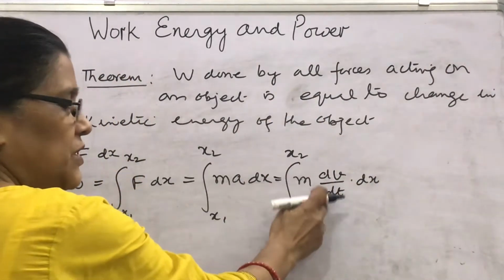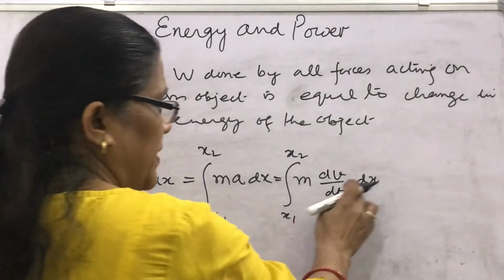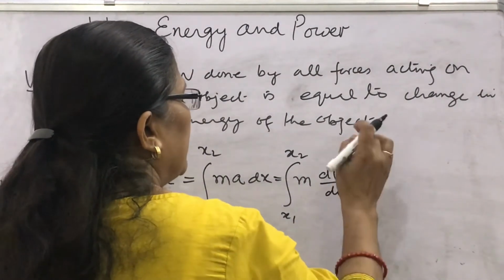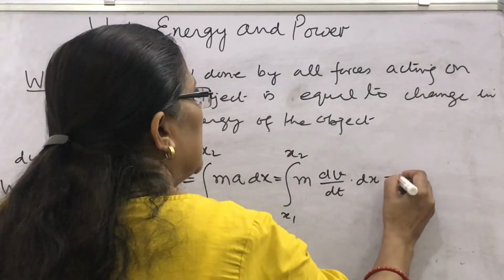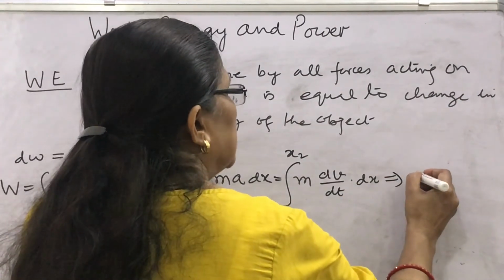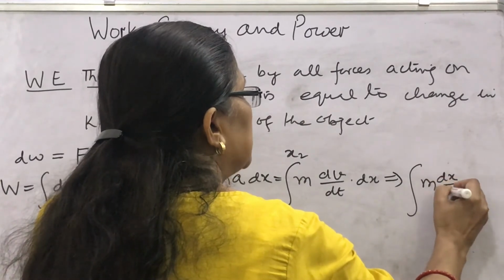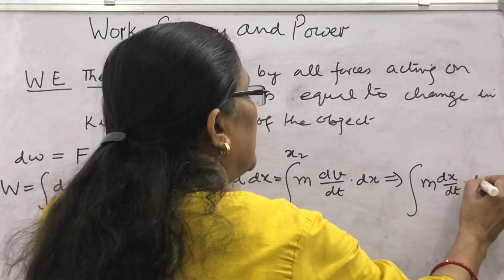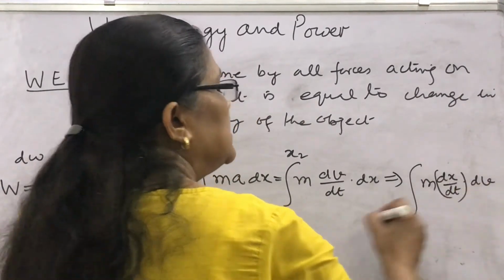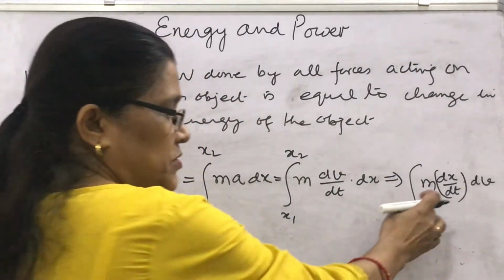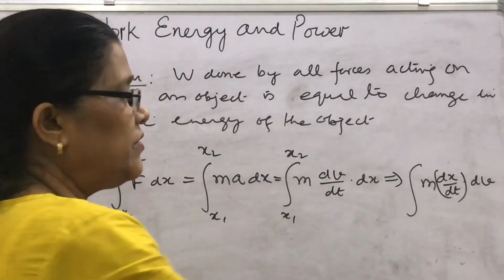A is the rate of change of velocity. We can write this expression as integration of m into dx by dt into dv. What is this dx by dt? Rate of change of displacement.